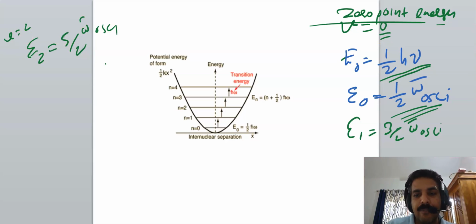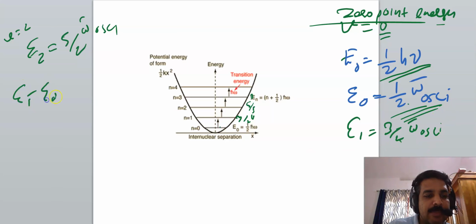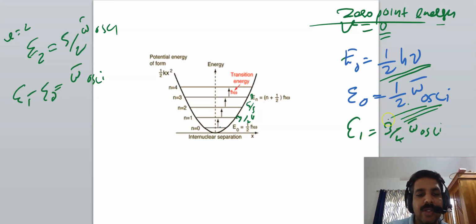So at the lowest level, half omega bar oscillation, then 3 by 2, then 5 by 2, then 7 by 2, like that. That means the difference between the energy levels is a constant: epsilon 1 minus epsilon 0 is 3 by 2 minus 1 by 2, which is equal to 1 omega bar oscillation.